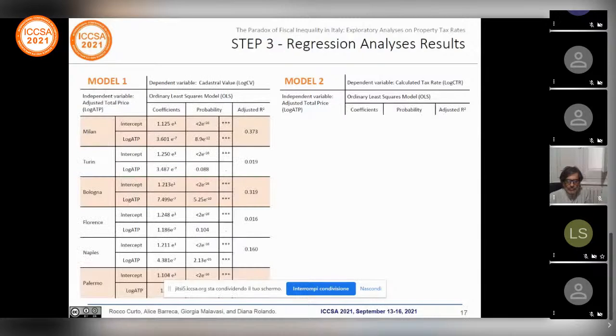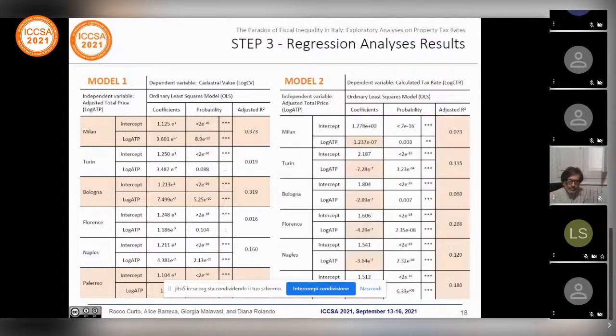The result of the first model showed that cadastral values are very weakly related to property prices. In some cities, the relation between the dependent and explanatory variables is null or very low, while in other cities it is rather weak.